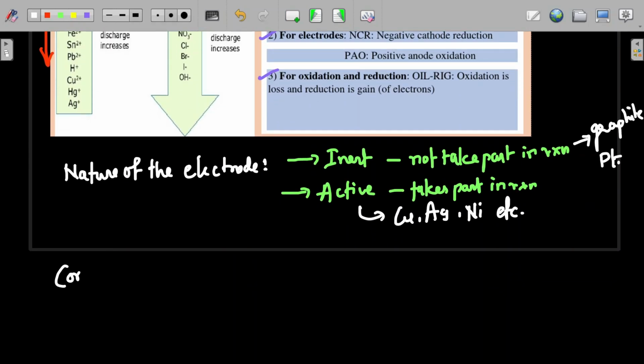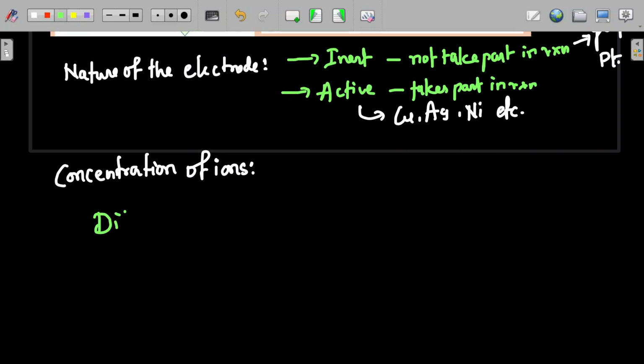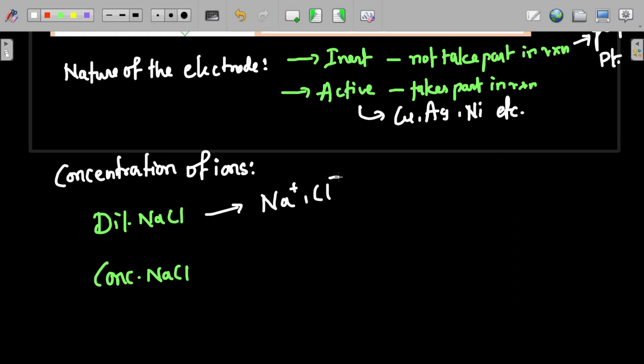Lastly, one more is there, that is concentration of ions. In this case, you know only one example. When you take dilute NaCl and when you take concentrated NaCl, both are in aqueous state, means dissolved in the water. In the dilute NaCl, you will have Na plus ion, Cl minus ion, and water will give you H plus, OH minus. Same thing for concentrated NaCl also: Na plus, Cl minus, H plus, OH minus.